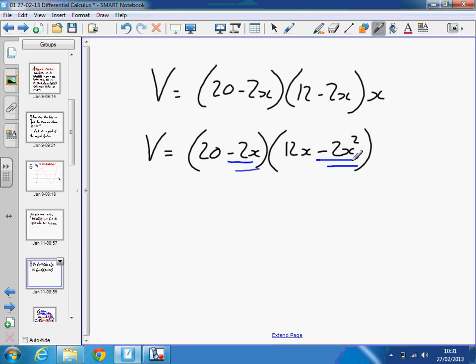Minus times a minus is plus, so be wary of that. So I'll end up with V equals 20 times 12x is 240x. 20 times minus 2x squared is minus 40x squared. Minus 2x times 12x is minus 24x squared. Minus 2x times minus 2x squared is plus 4x cubed.